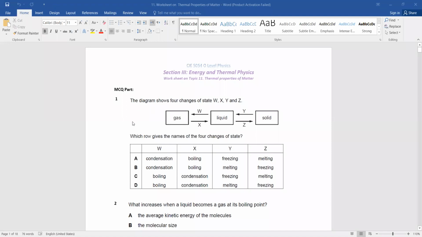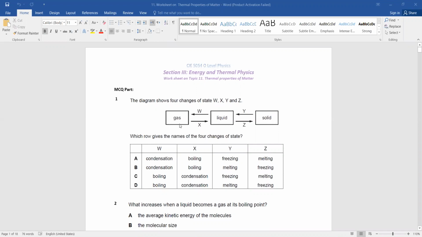Read the first question. The diagram shows four changes of state W, X, Y, and Z. Which row gives the names of the four changes of state? So we have here gas, then liquid, then solid, right?